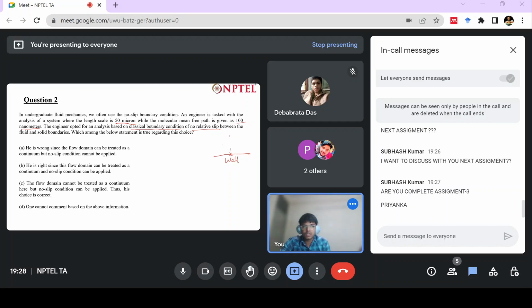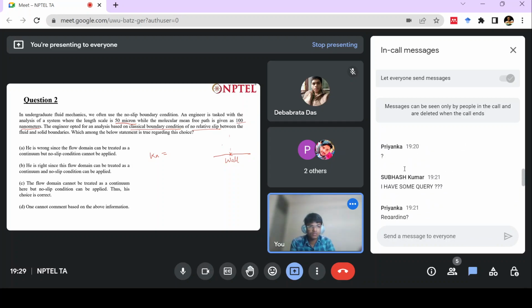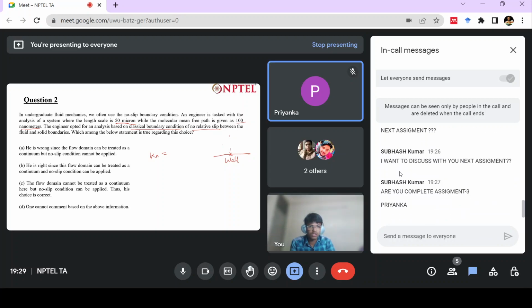So he has used this and also obviously used the continuum hypothesis. So can he use that? That is basically the question. First, we will calculate the Knudsen number. So can you tell me what's the Knudsen number? Lambda by L. Yeah, lambda by L. Lambda is given here.